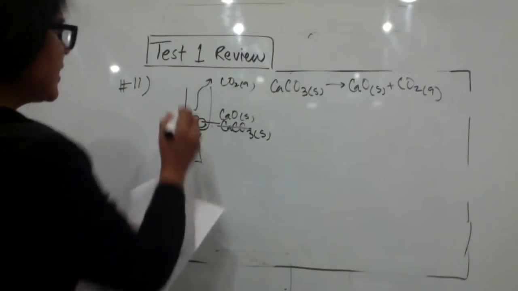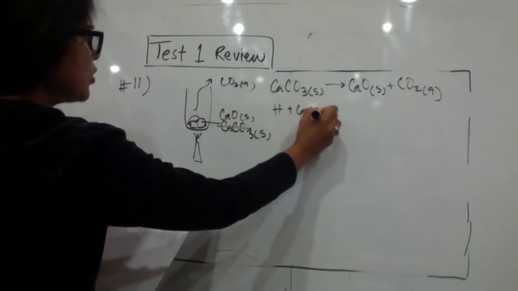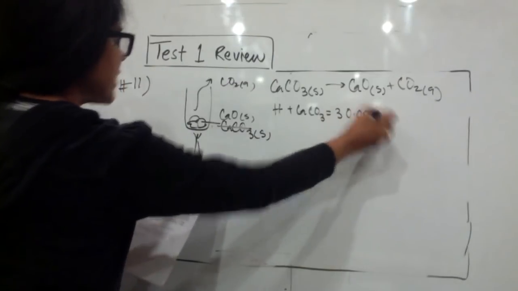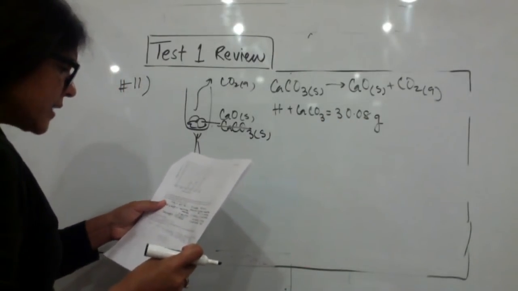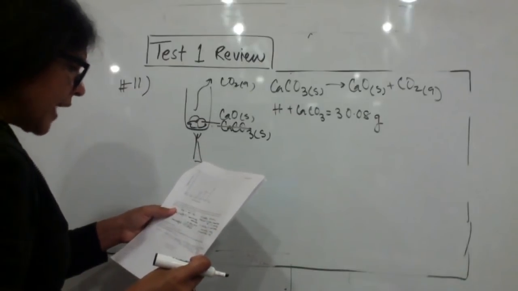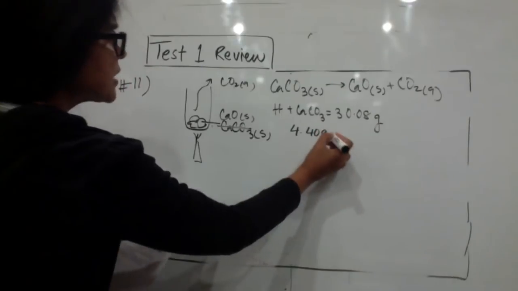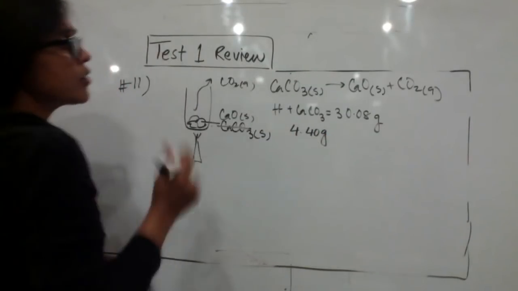So they say the test tube plus CaCO3 was 30.08 grams, right? And they said the test tube became lighter by 4.40 grams. So what was it that made the test tube lighter? The carbon dioxide that escaped.